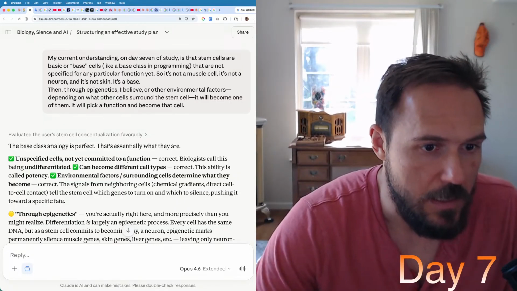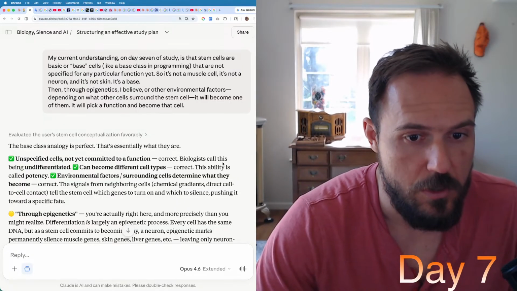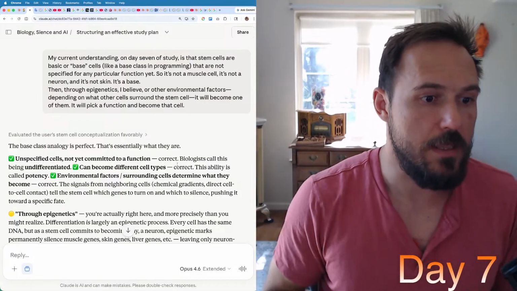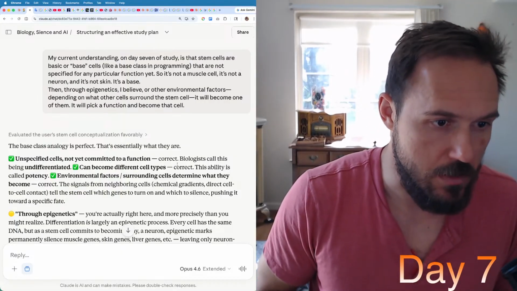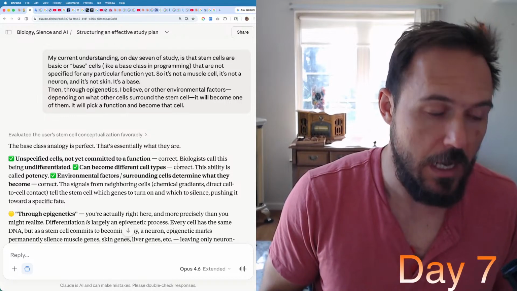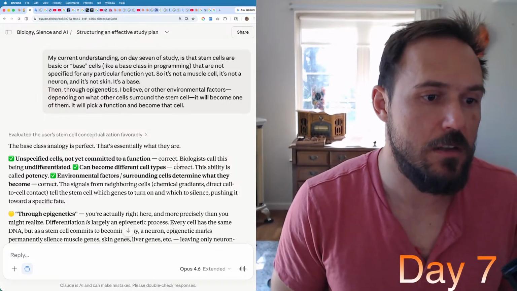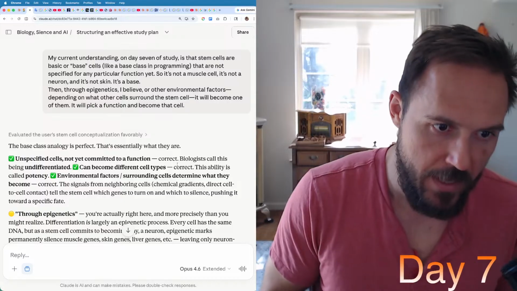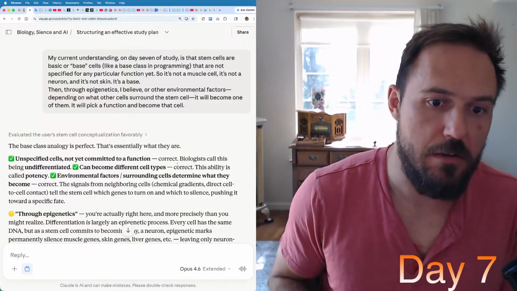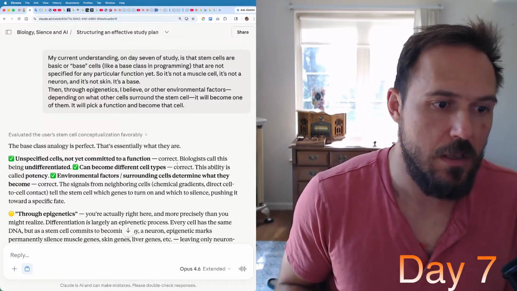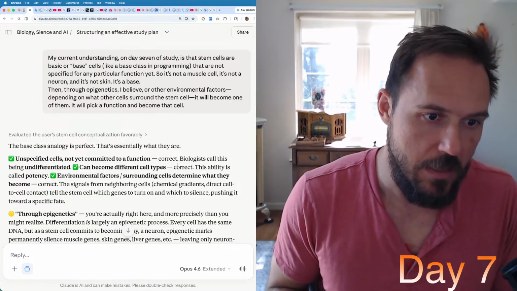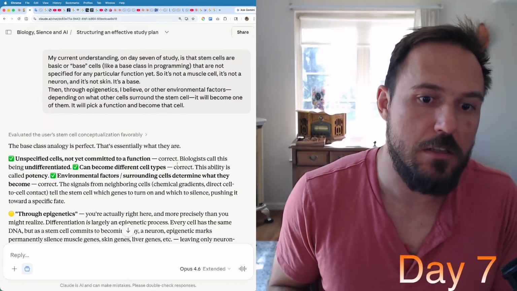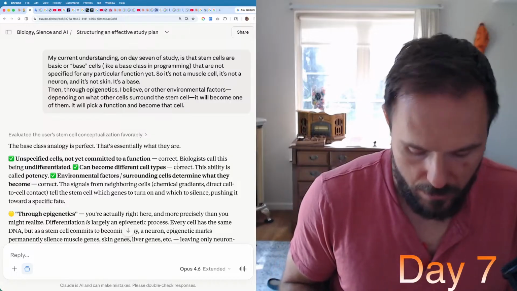Unspecified cell not yet committed to a function. Correct. Biologists call this being undifferentiated. Can become different cell types. Correct. This ability is called potency. Environmental factors surrounding the cell determine what they become. Correct.